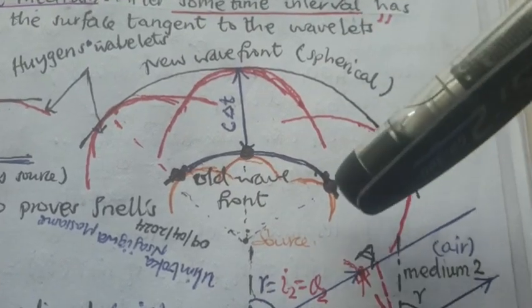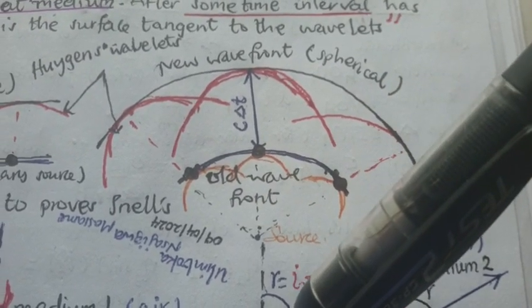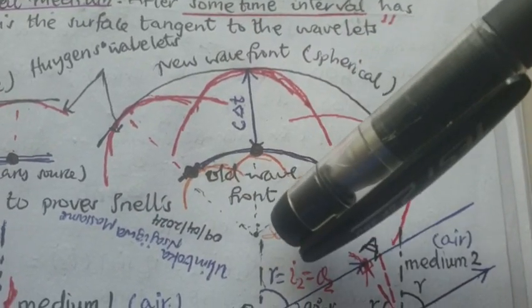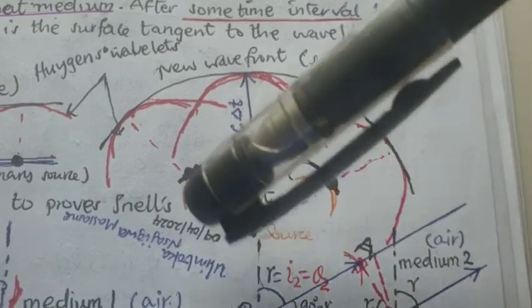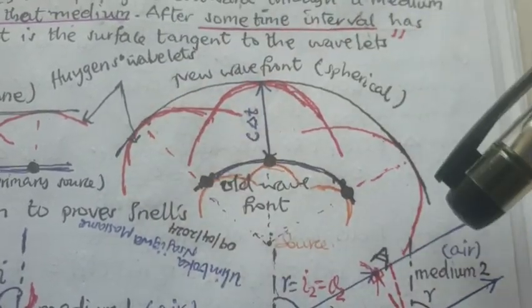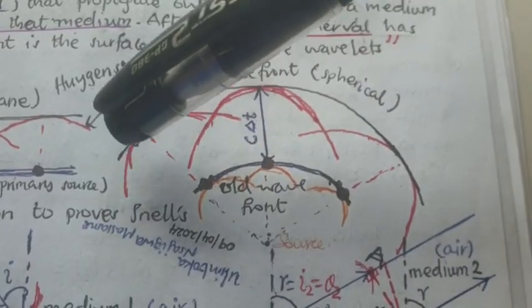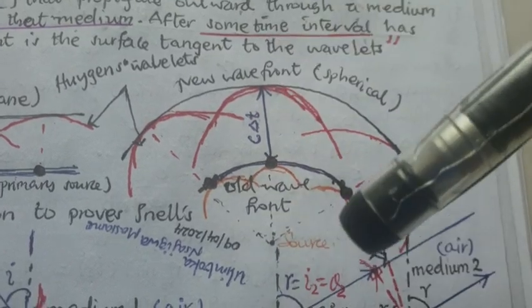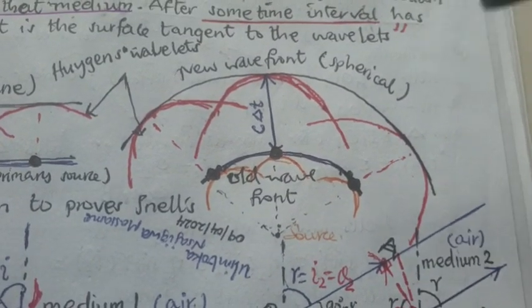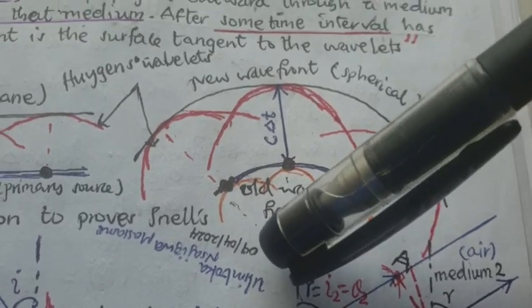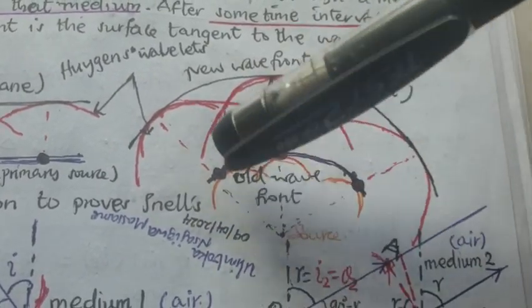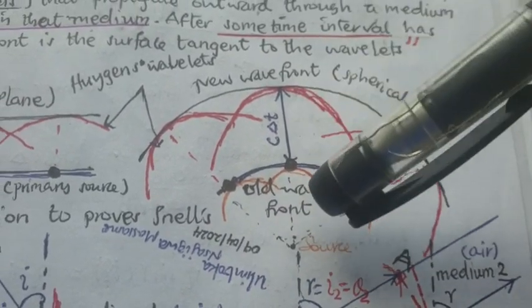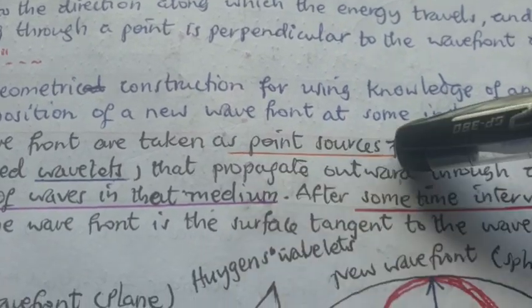This is our main source, and it transfers the energy of the wave radially to the destinations. Let us assume this is a light source that produces spherical wavelets, which act as point sources.